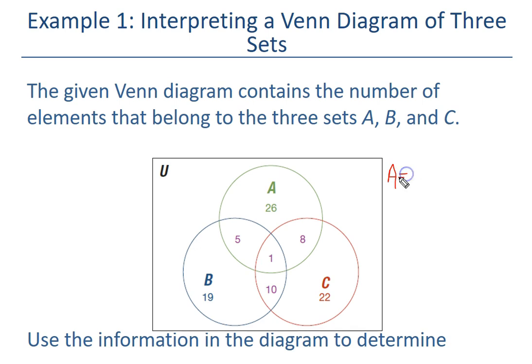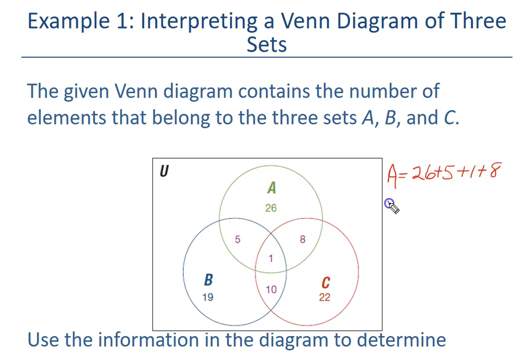Well, A would contain 26 plus 5 plus 1 plus 8. So that would be the cardinal number of set A if it were all by itself.